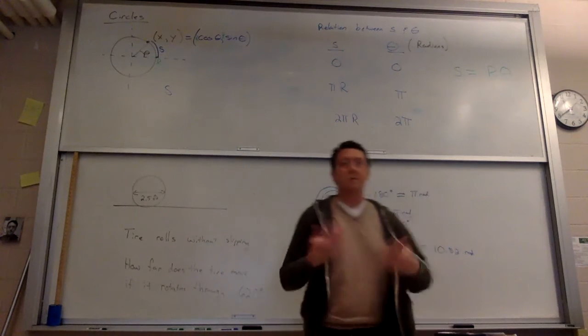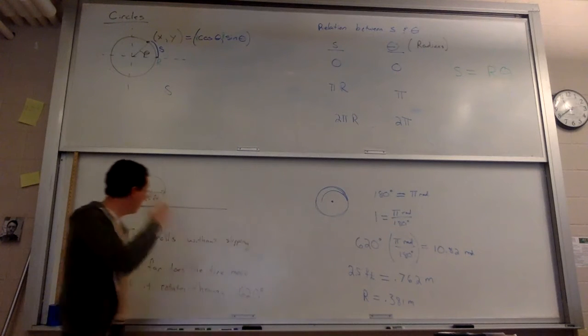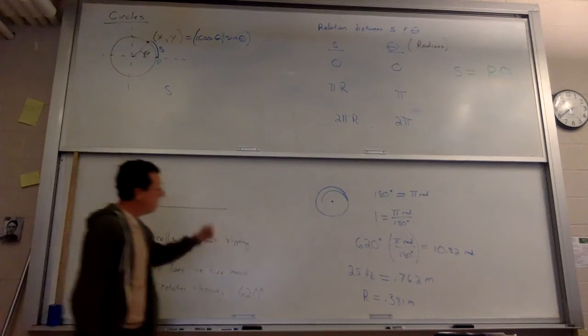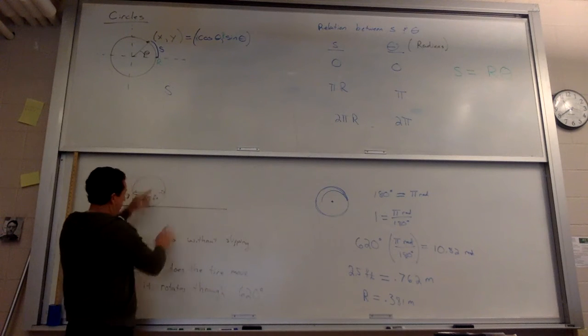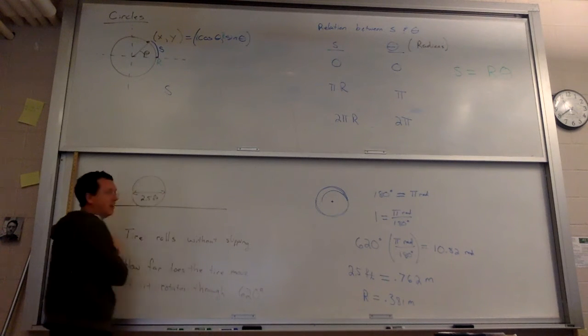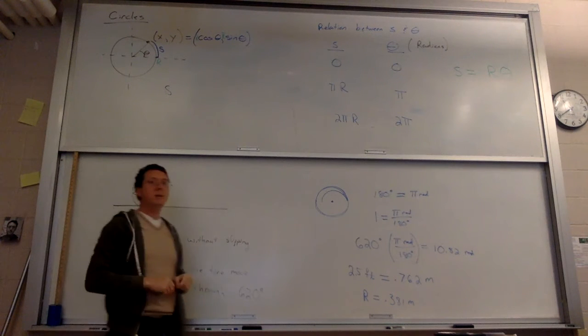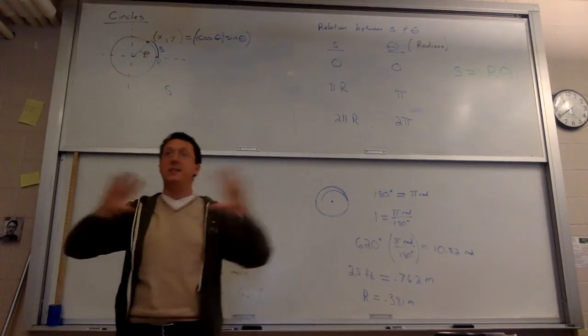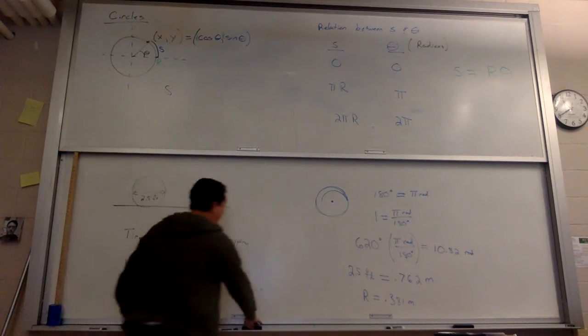It looks innocuous and you might just skim over it, but it's important. The angle tells me the arc length, and rolling without slipping tells me that the arc length is the same as the distance. That's the key insight there.